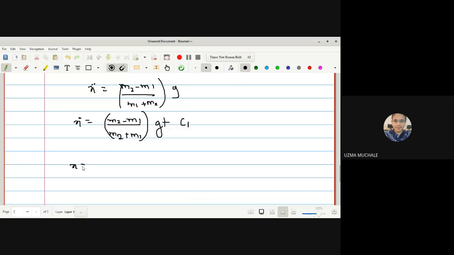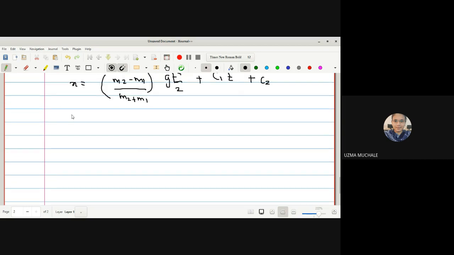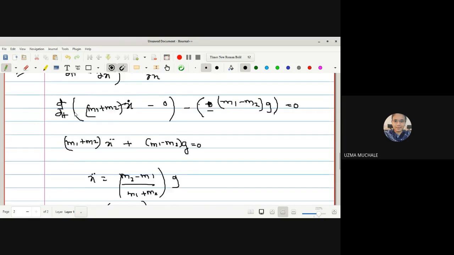Again, if you integrate, you get x is equal to m2 minus m1 divided by m2 plus m1 times g t square by 2 plus c1 t plus c2. So this is the required equation of motion for the case of an Atwood machine. Any doubt for this type of example?